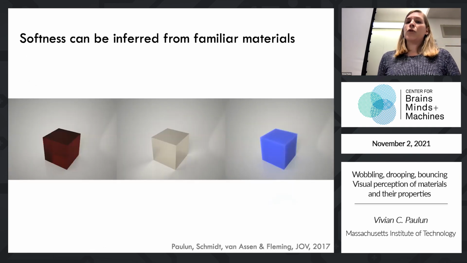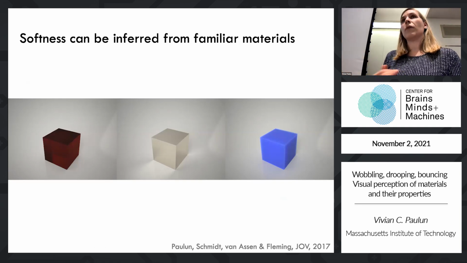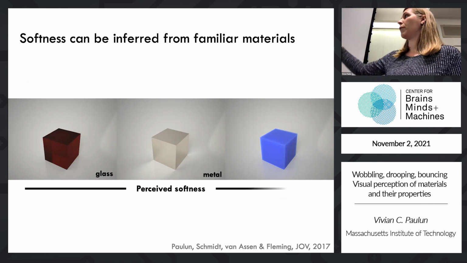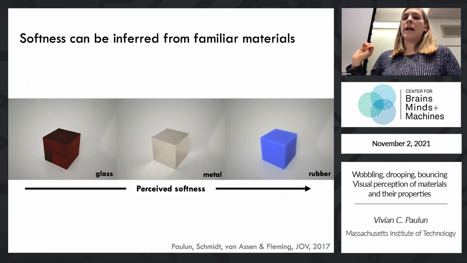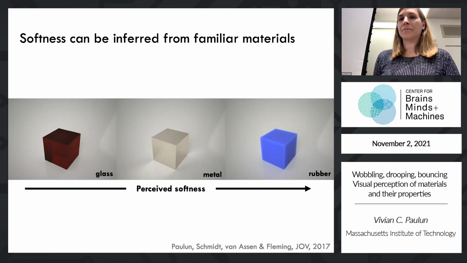And indeed, if we show participants static images like these ones, all showing the same shape, but rendered with different optical material properties, and we ask them to rate the apparent softness, then this increases from left to right in this case. And this is likely in accordance with priors that you have about different material types that you might recognize these objects as.